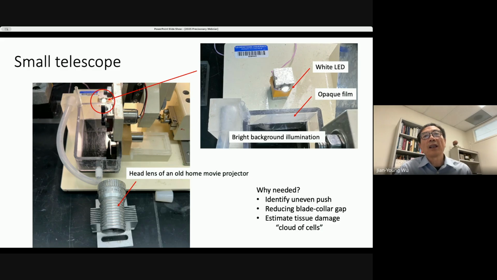Also, sometimes the tissue is damaged before you glue it, and when they cut, you see a cloud of cells coming out from the tissue. That indicates damage from when you dissect the brain, take it out from the scalp, or other problems in the solution.